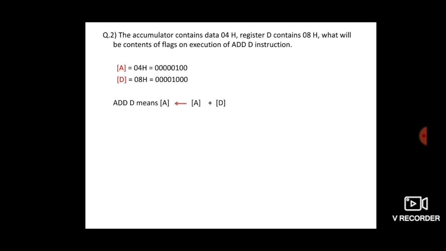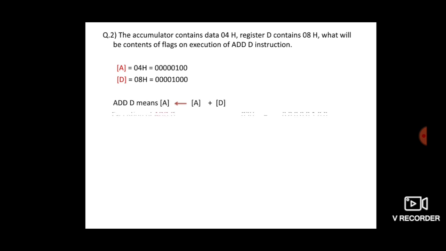See here, the arrow points to the accumulator side. So this is the formula of ADD D: addition of accumulator content and D register content, and after execution of the addition, the result will be stored in the accumulator.